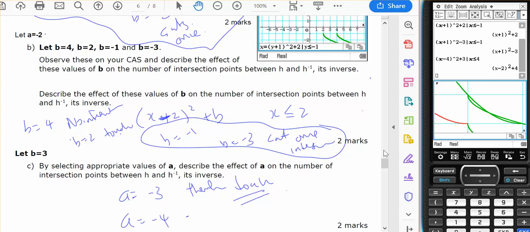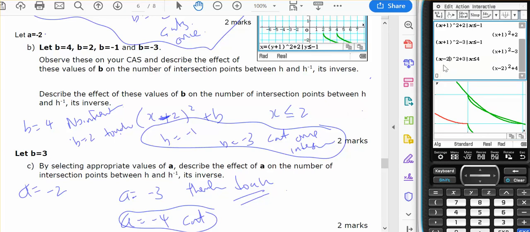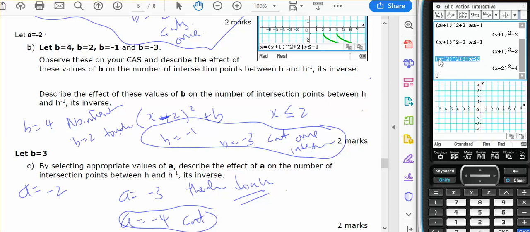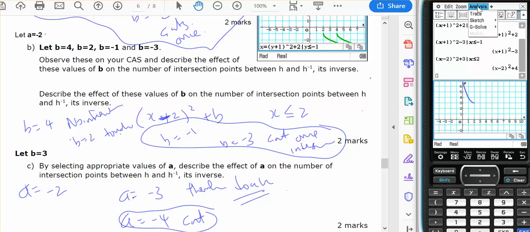So cut. So when a equaled -2, we should totally miss. Oh, start again. Analysis, clear all, okay. Take this, drag and drop, and analysis, sketch, inverse, we totally miss. Beautiful.